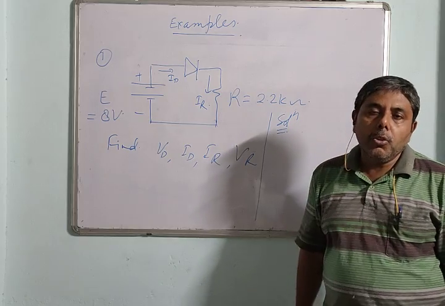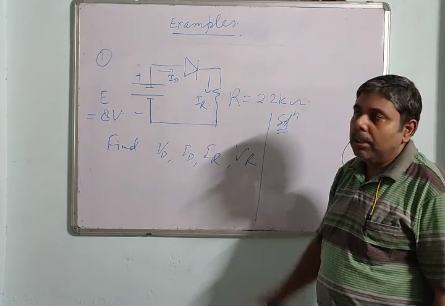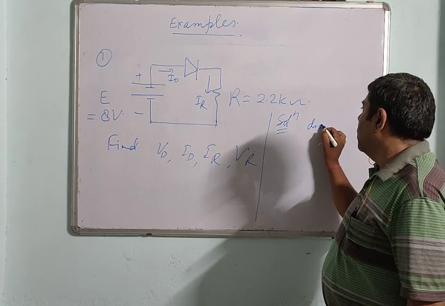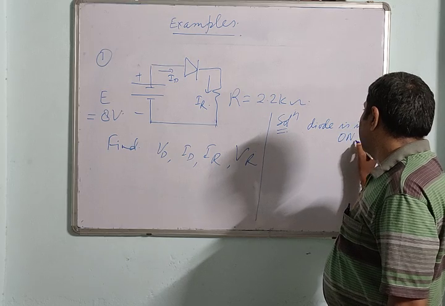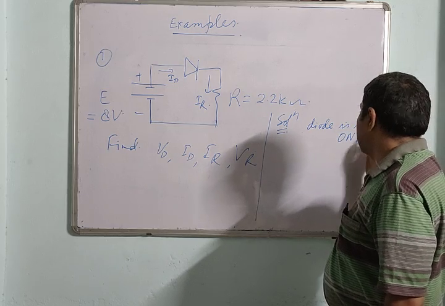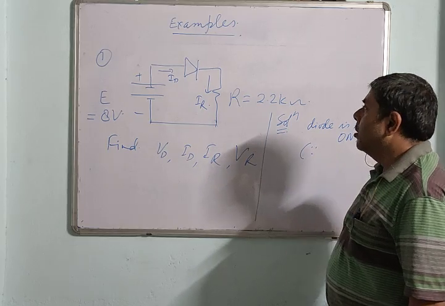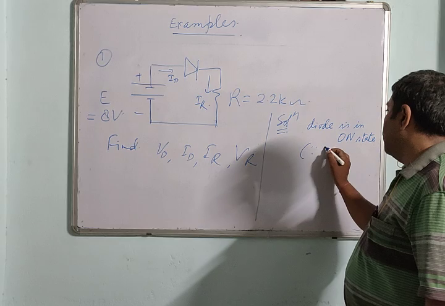So first of all, you will say whether diode is in on state or off. So diode is in on state for given circuit. Why? Because this P type is connected to positive.